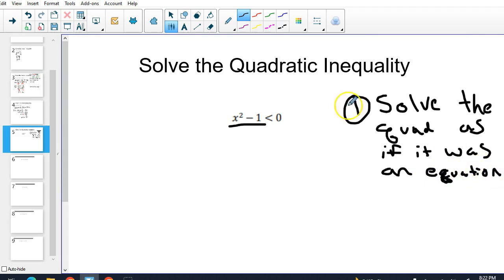In this case, I'm going to use difference of squares because x squared is a squared term and 1 is a squared term. So I'll even just draw squares.